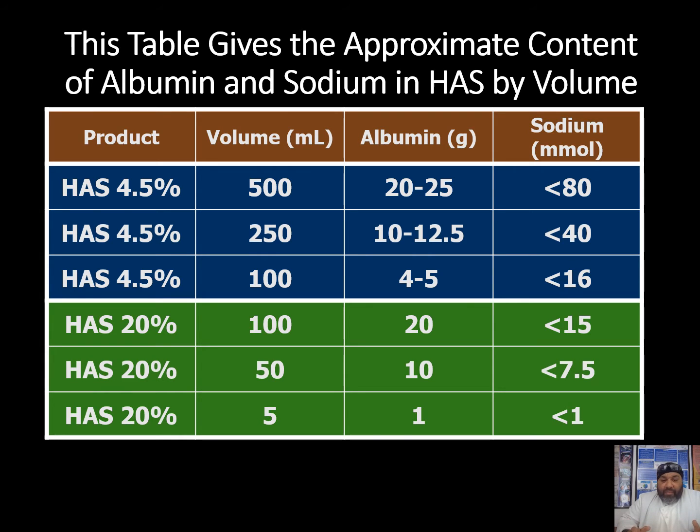And then HAS 4.5%, 100 ml volume has between 4 to 5 grams of albumin, and just less than 60 millimoles of sodium, and then so on and so forth with regard to human albumin solution 20%.